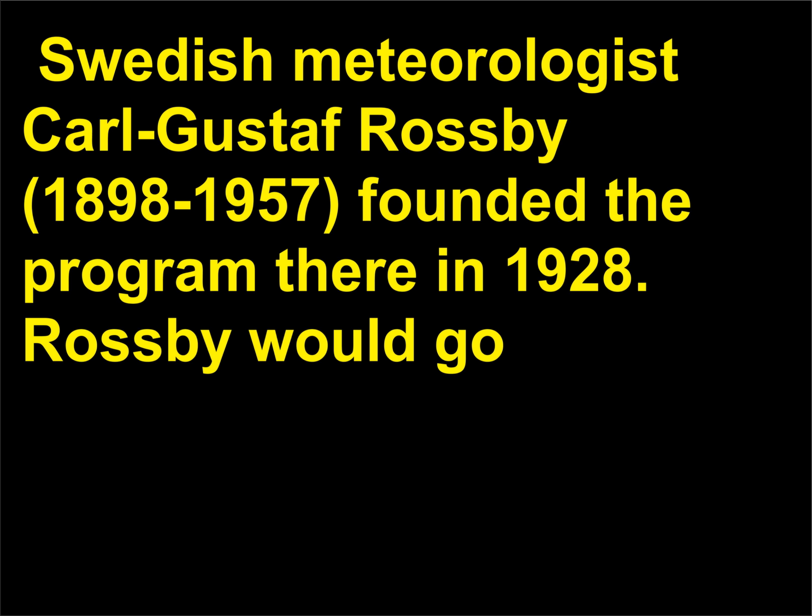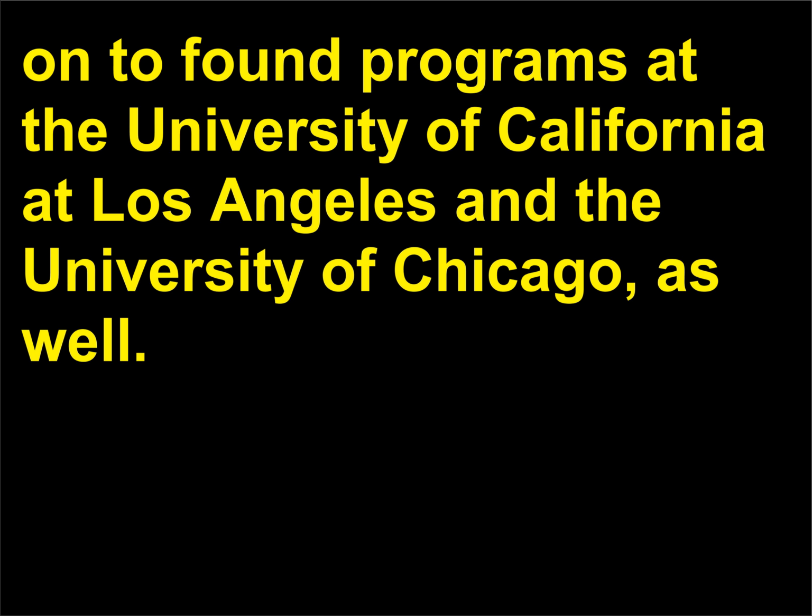Swedish meteorologist Carl Gustav Rossby, 1898 to 1957, founded the program there in 1928. Rossby would go on to found programs at the University of California at Los Angeles and the University of Chicago, as well.